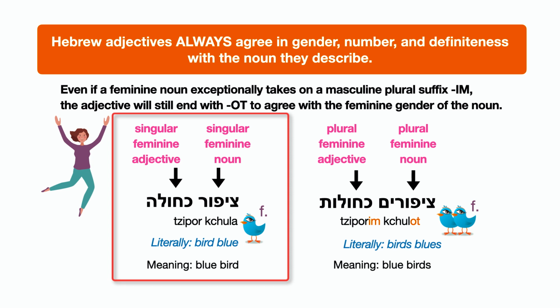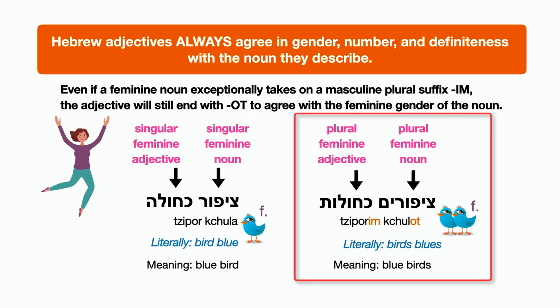But since we're referring to a feminine noun, and we said that Hebrew adjectives always agree with the gender of what is being described, tzipor khula. Khula is a feminine adjective which means blue. So tzipor khula. If you want to say blue birds, it becomes tziporim khulot.